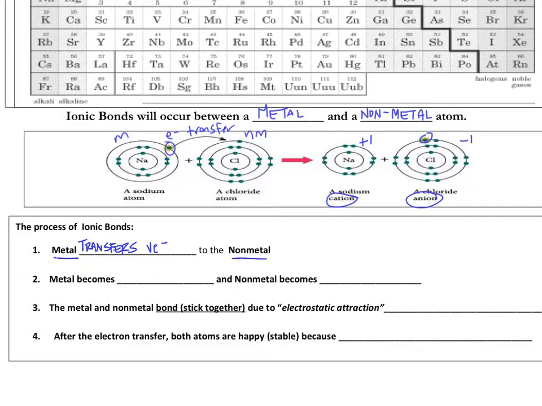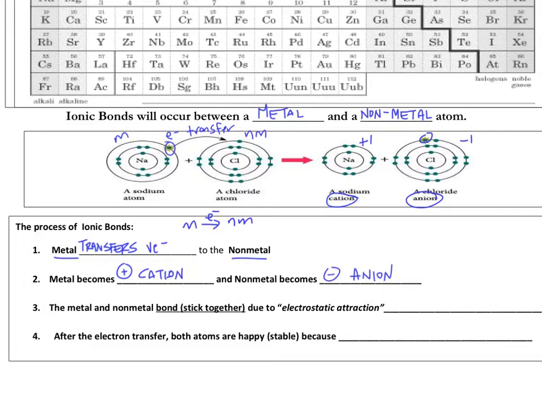It's never the nonmetal to the metal. It's always the metal transferring the electrons to the nonmetal. When that happens, the metal becomes a positive cation, and the nonmetal becomes a negative anion. So remember, metals are positive, nonmetals are negative.